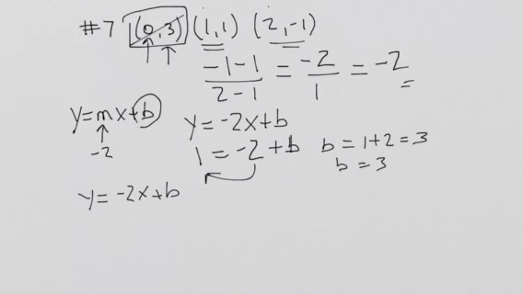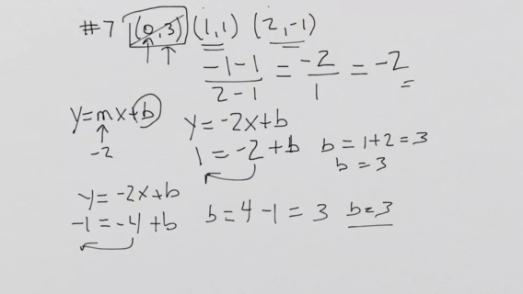So now y equals a minus 1, x equals a 2. When you put a 2 in here, this becomes minus 4 plus b. So we move the 4 over here, b equals minus 1 plus 4, which is 3. So b equals 3.